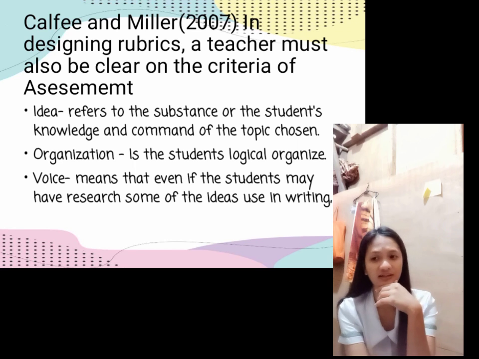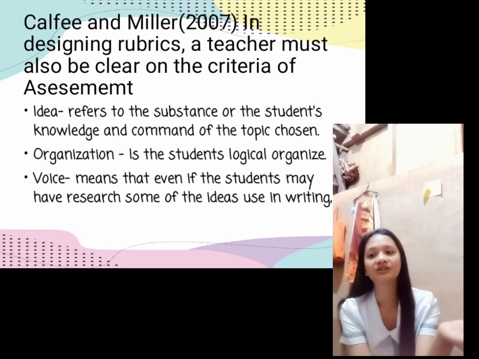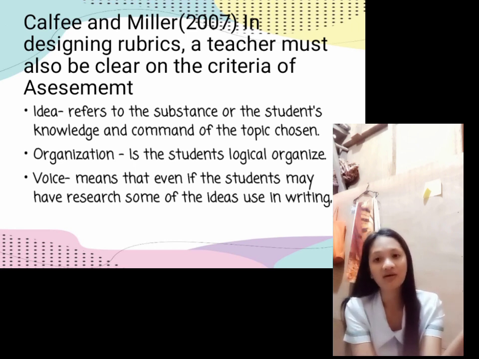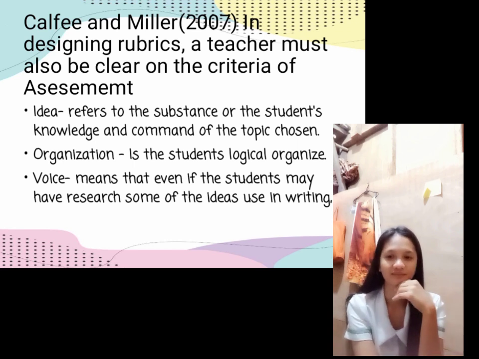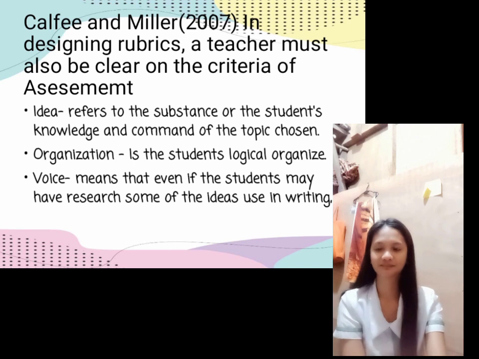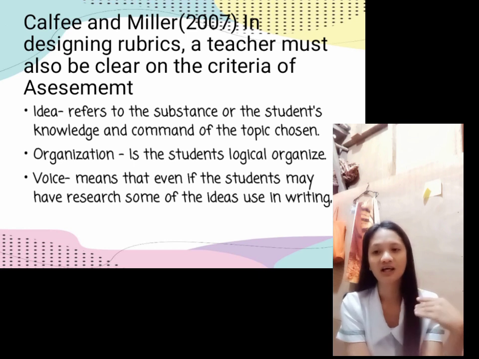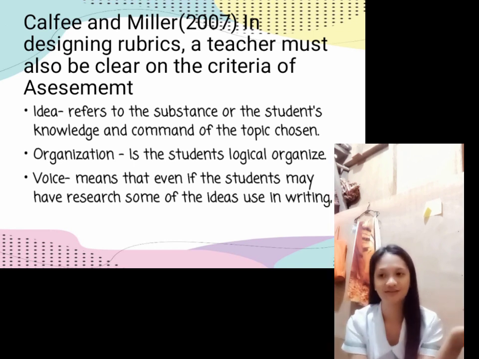The second is organization. Is the student logical, organized, and using the appropriate presentation? So this criteria is all about the student's progress or the student's performance. So, og na-organize ba sa organization, nabadira ang exposition, cause effects, or problem solutions. So next is voice.